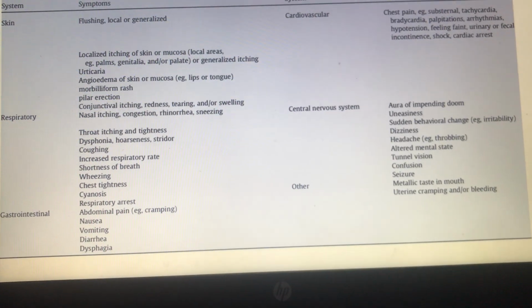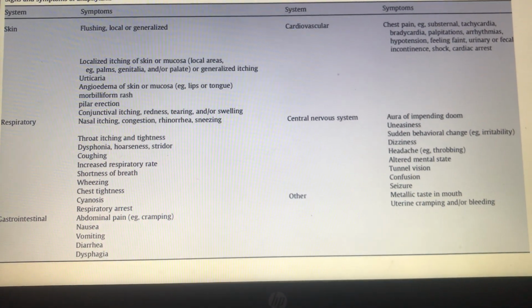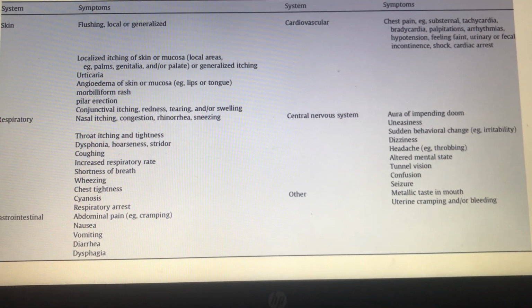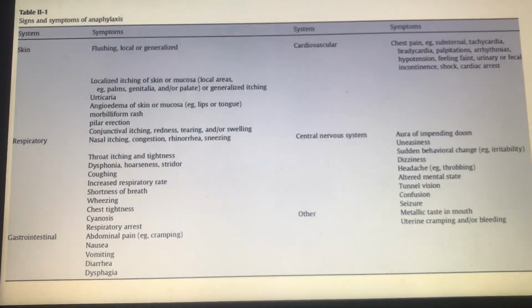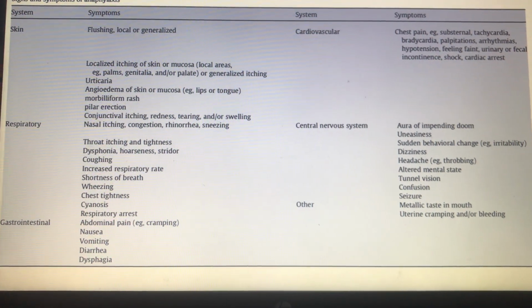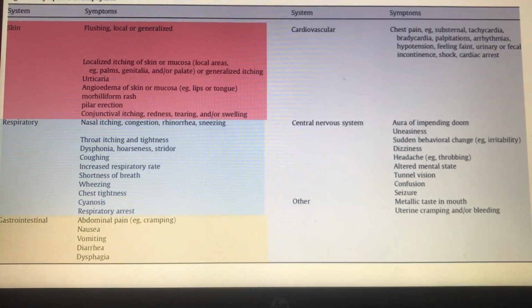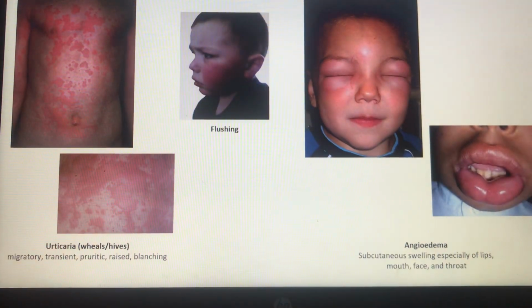Serious signs can be chest pain, tachycardia, and hypotension. Central nervous system can show behavior change like irritability, throbbing headache, and even confusion. Those are the different symptoms we can see.